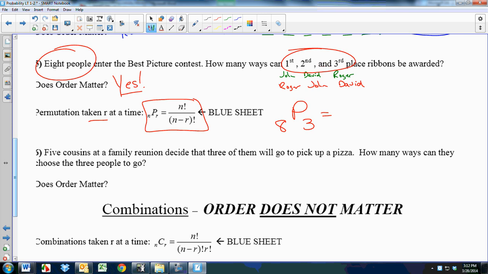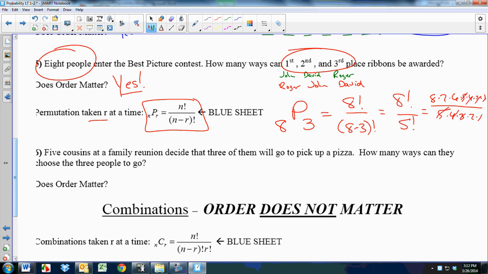So the factorial formula says 8 factorial over 8 minus 3 factorial, which is 8 factorial over 5 factorial, which is 8 times 7 times 6 times 5 times 4 times 3 times 2 times 1, over 5 times 4 times 3 times 2 times 1.